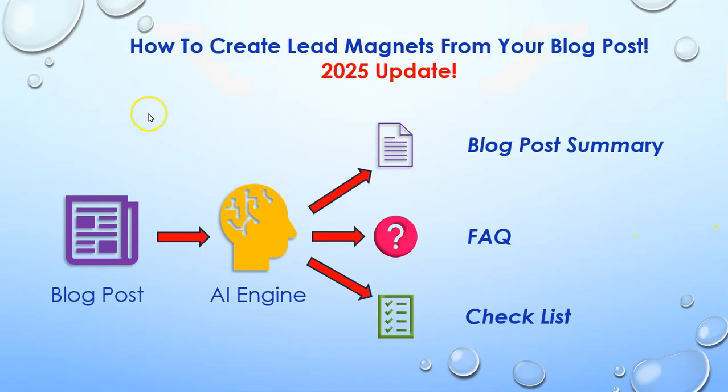Okay, again, so looking at what we've done, we've created multiple lead magnets from a single blog post. We did the summary, the FAQ, the checklist, and also an email challenge, all from a single blog post.